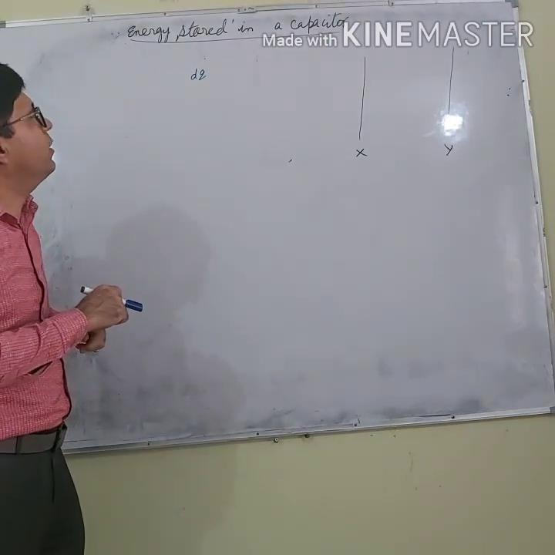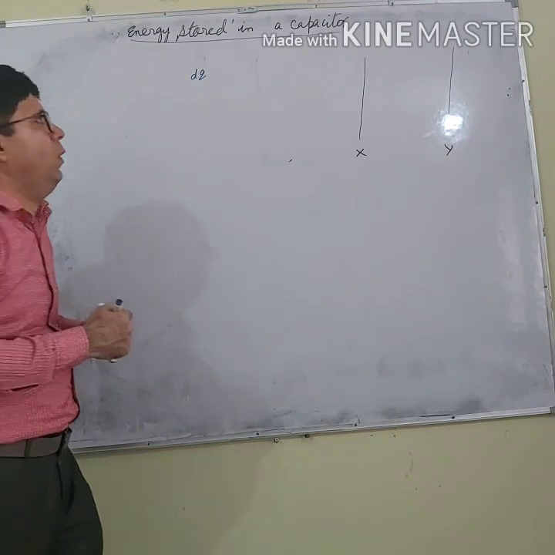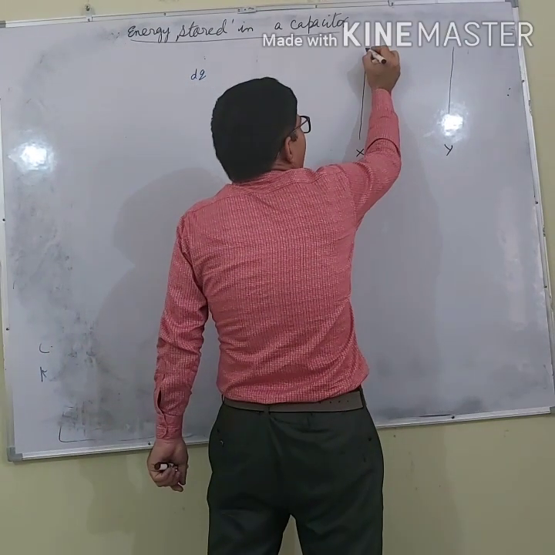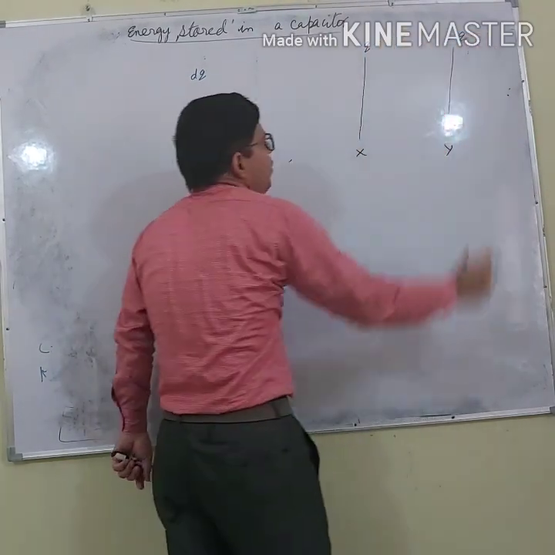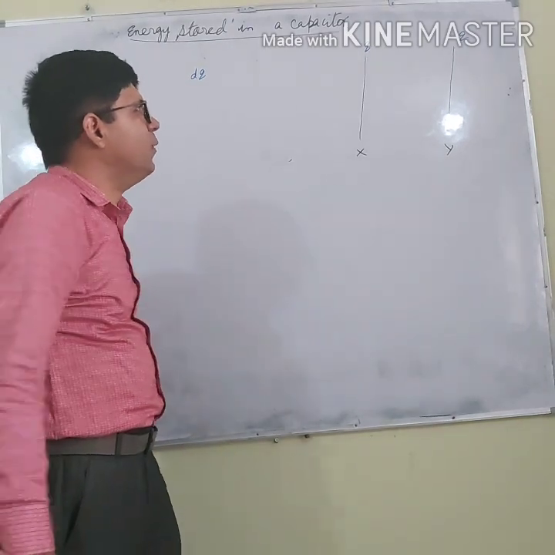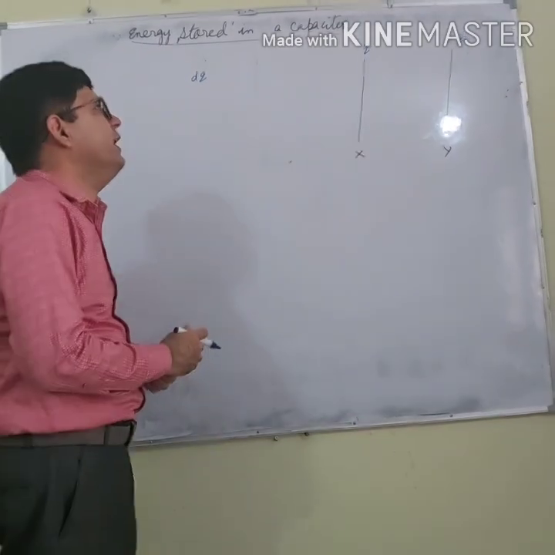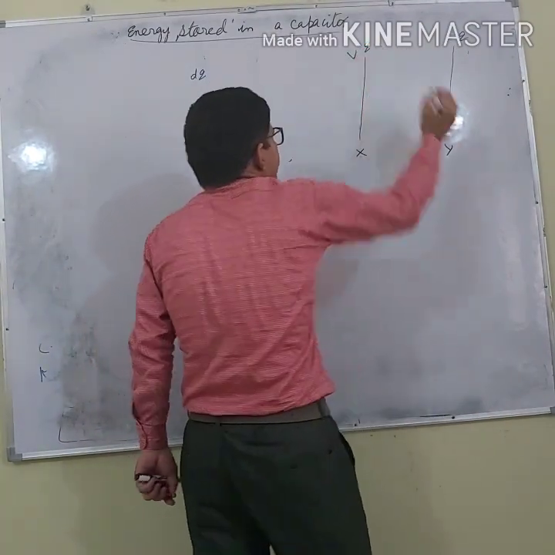So let's find out the potential energy stored in a capacitor. Let us say after doing this work, it becomes plus Q charge and minus Q charge, X carries positive potential and Y carries negative potential. Let us say potential becomes V.